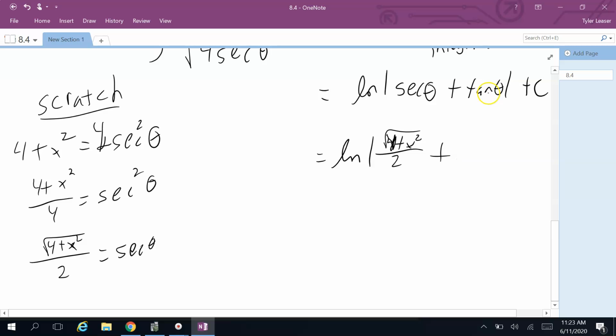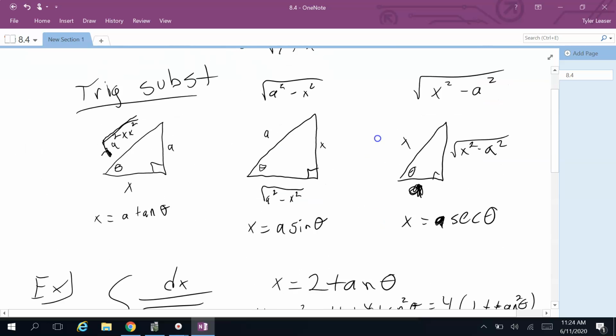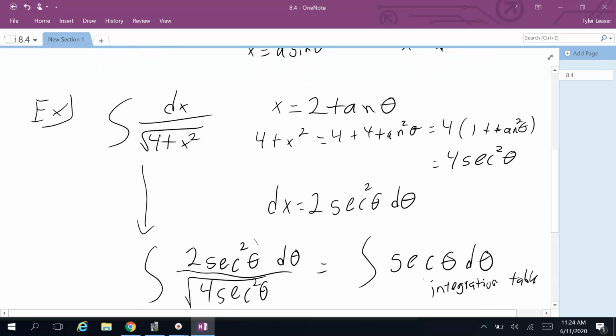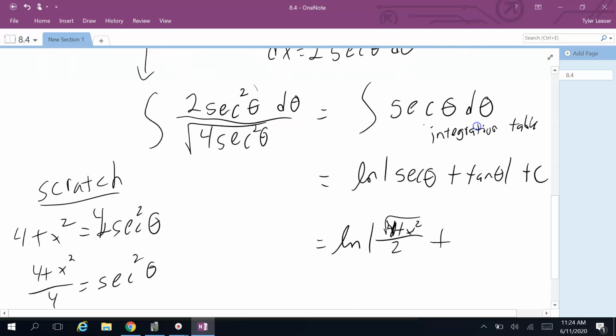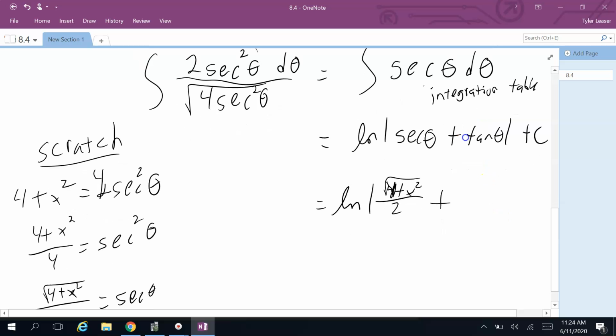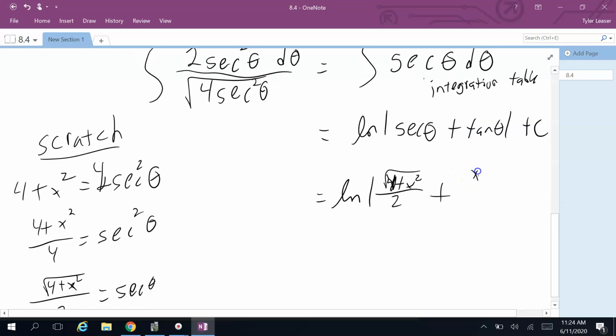Plus tangent. So let's go back up to my substitution equations. So tangent comes from this equation. x equals 2 tangent theta. So if I just divide the 2 over, I get x over 2 is equal to tangent, which means that in my antiderivative here, tangent, I could just substitute with x over 2.